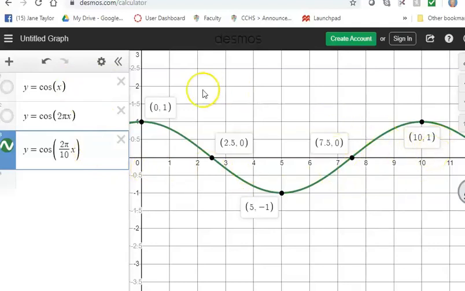So notice, in order to make the x-axis look simpler, we had to include pi in the equation, because we had to multiply by pi to divide the pi out of the original function. Then the denominator tells us our new period. So multiplying by 2 pi reduces the period to 1, dividing by 10 then gives us our new period of 10.